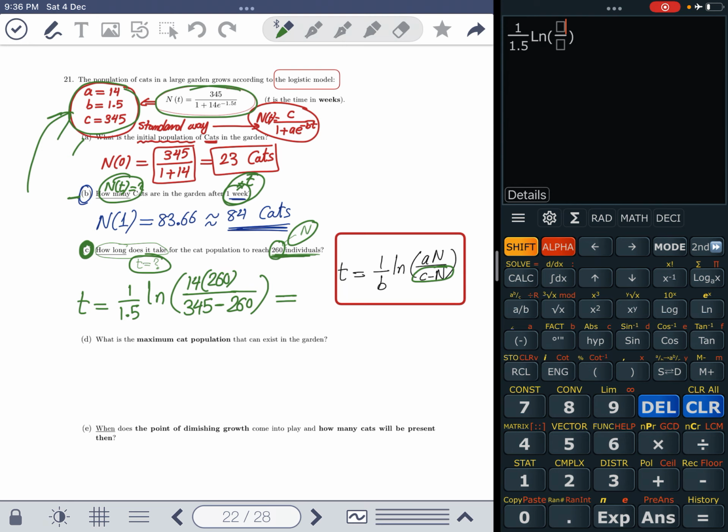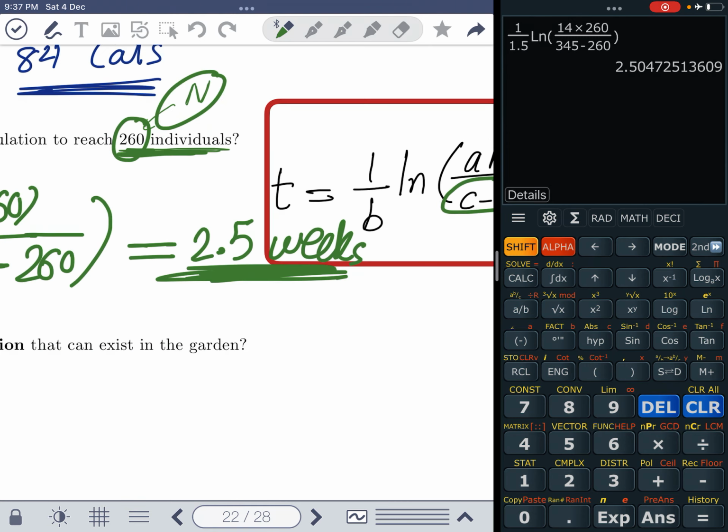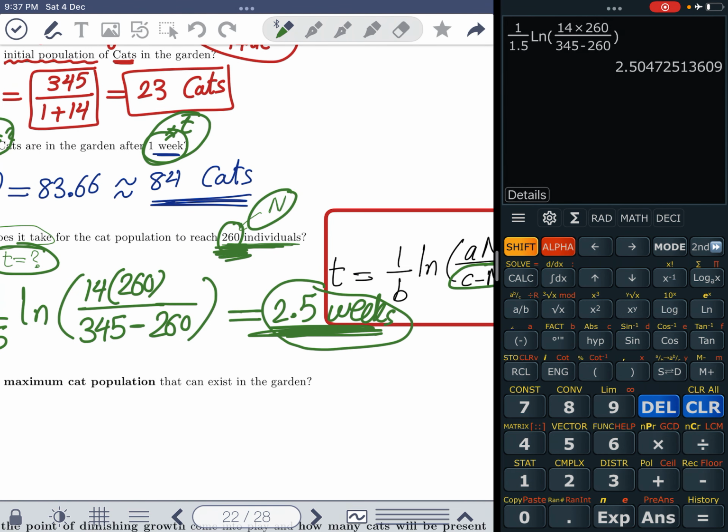This fraction is 14 times 260 over 345 minus 260, which as a number is 2.5. So approximately 2.5 weeks. It means after 2.5 weeks you expect there will be 260 cats in the garden.